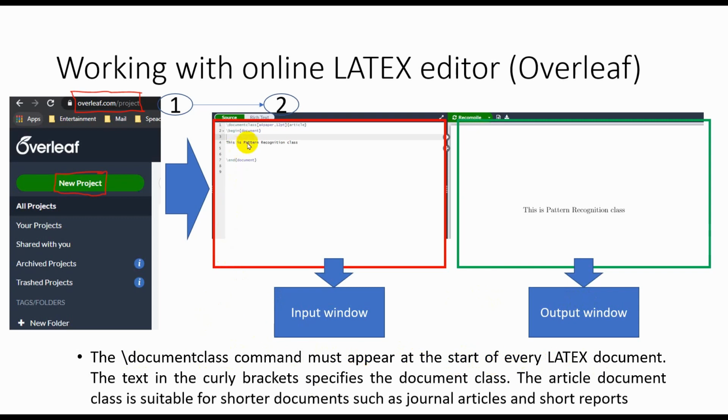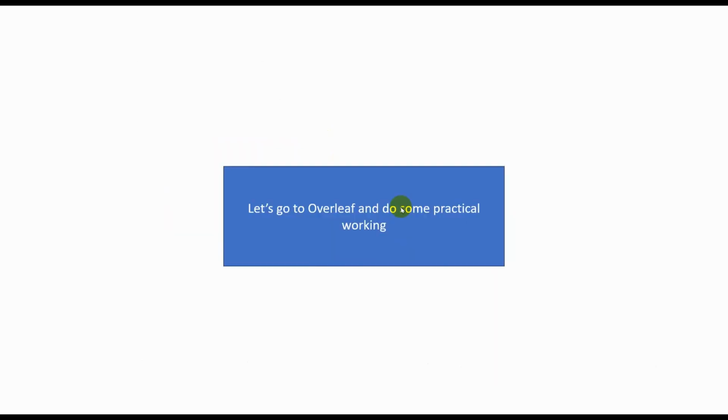And here in the text it specifies the document class, and the article class is suitable if you are creating a short report that you want to send to your professor, or you are preparing a journal paper or something like that. So you can use the article class, and you can complete your professional document.